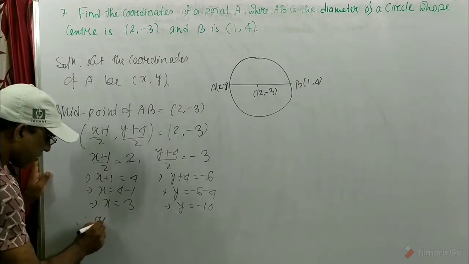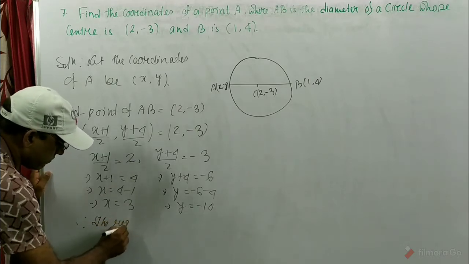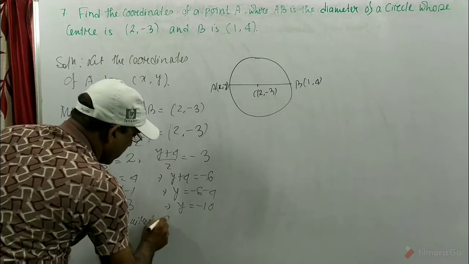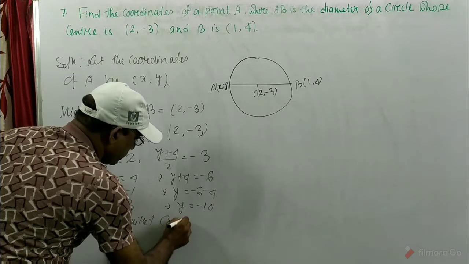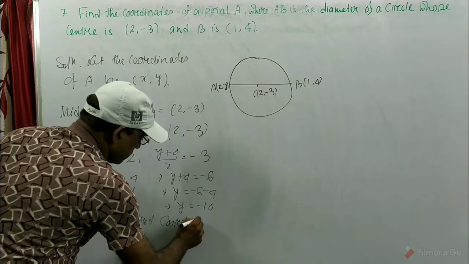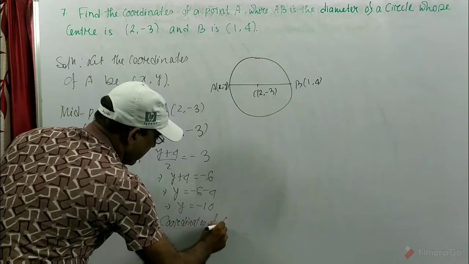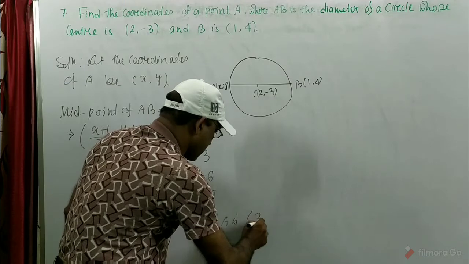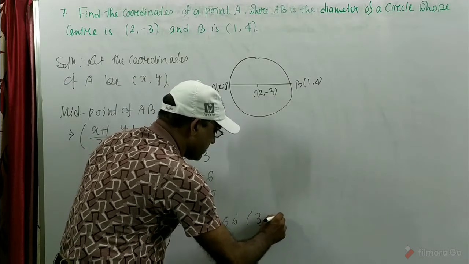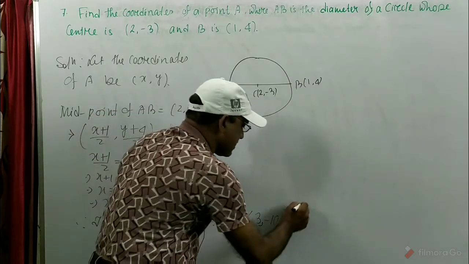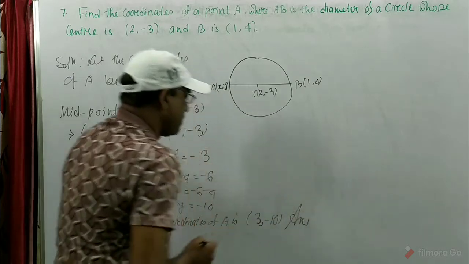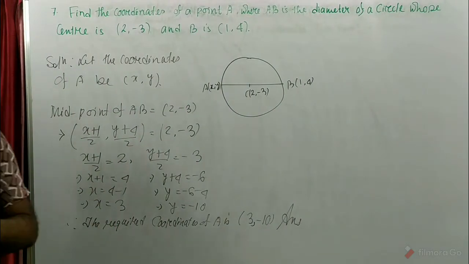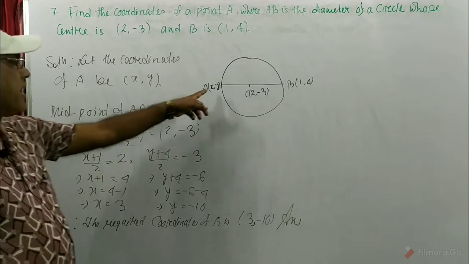Therefore, the required coordinates of A are (3, -10) and this is our answer. So the answer is (3, -10). This is the coordinate of A.